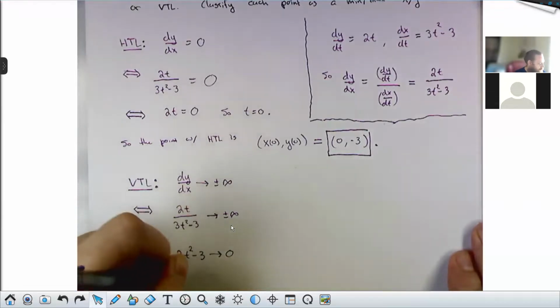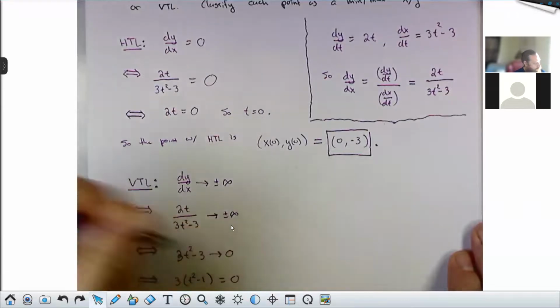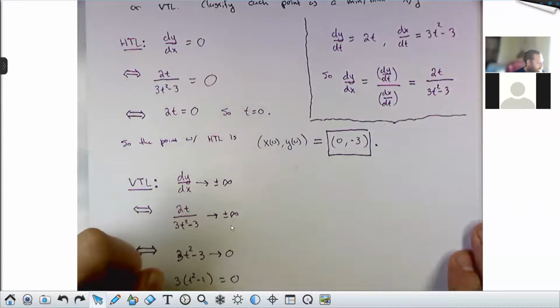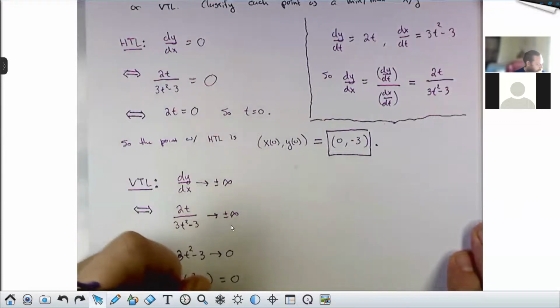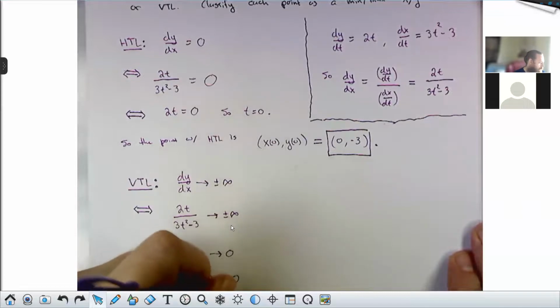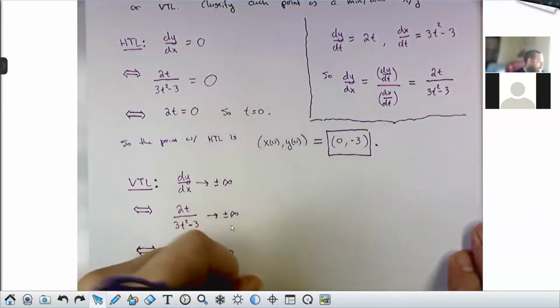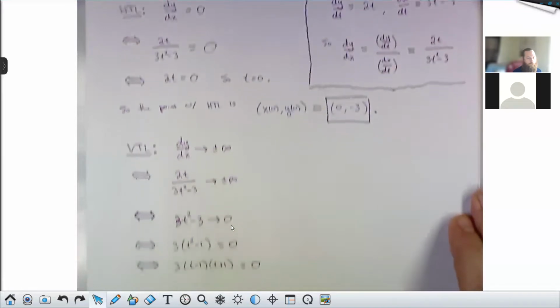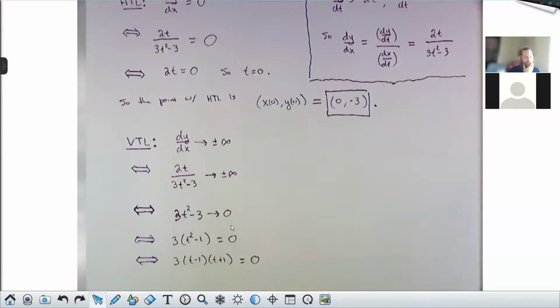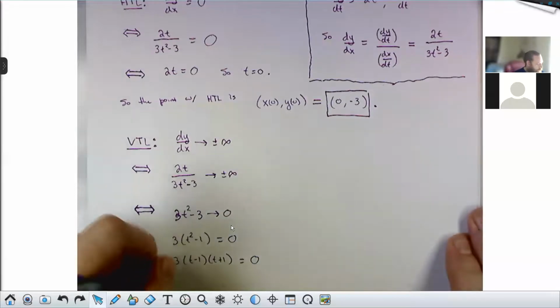I'll factor out the 3. Factor t squared minus 1. And we get t equals plus or minus 1.